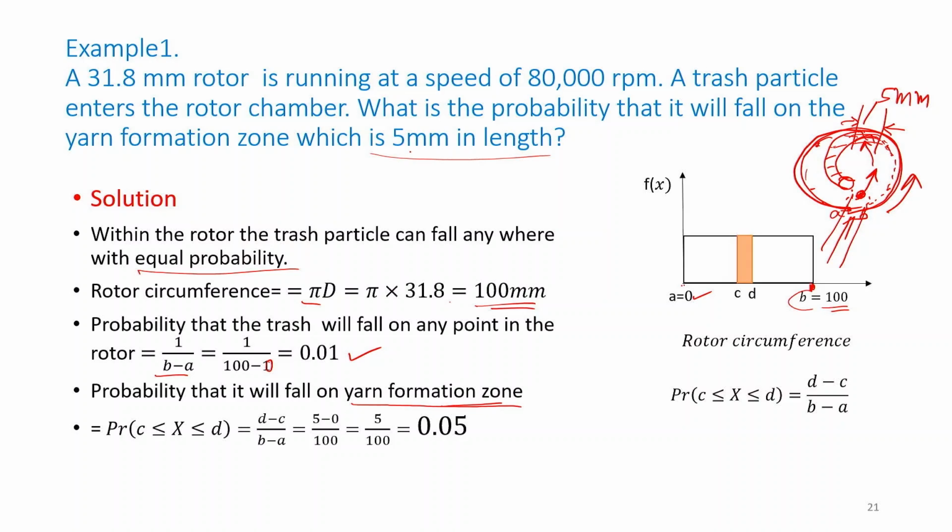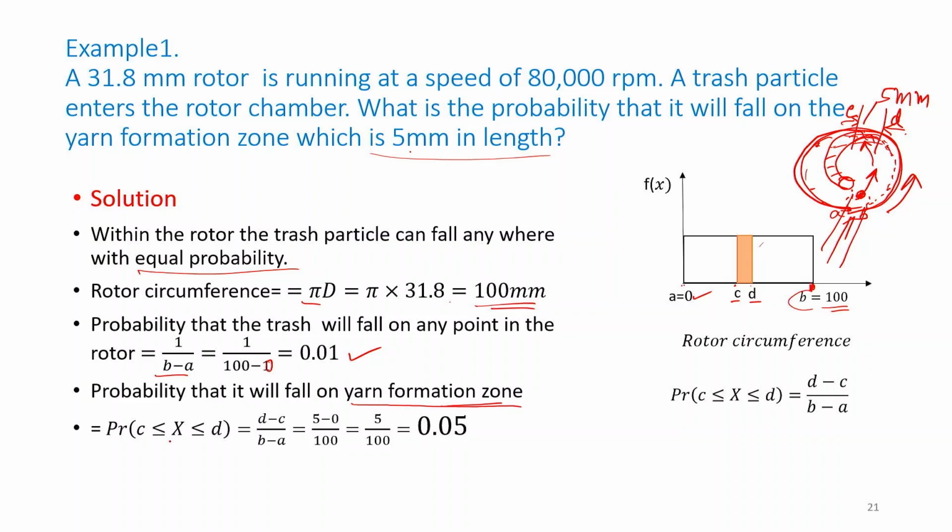Look at the diagram, the C to D, we say that is my yarn formation point. So let us say this is my C point and this is my D point. So CD is just exactly 5 mm. That means in this diagram where we have drawn the probability density function of the uniform distribution, here is a place C to D at a particular instant, which is exactly equal to 5 mm. So what is the probability it is going to fall there?